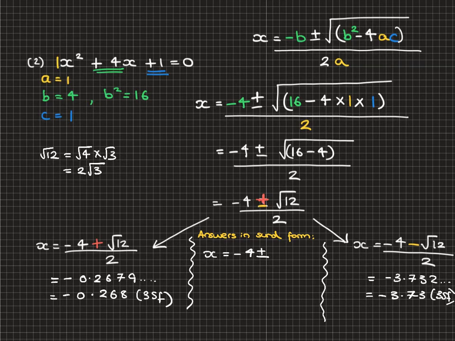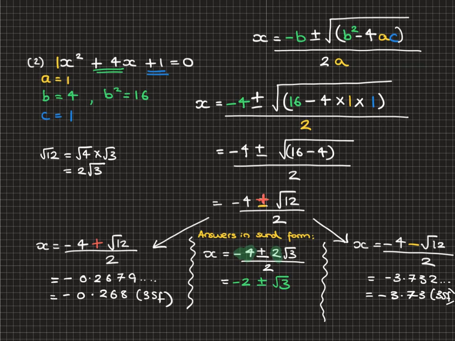So -4 plus or minus 2 root 3 all divided by 2. And then we can simplify this a little bit further because, as you will see, this can be divided by 2, and this can also be divided by 2. So this leaves us with -2 plus or minus √3 as our final answer in surd form.